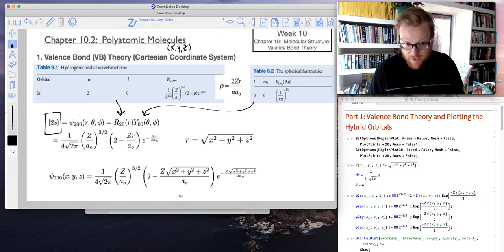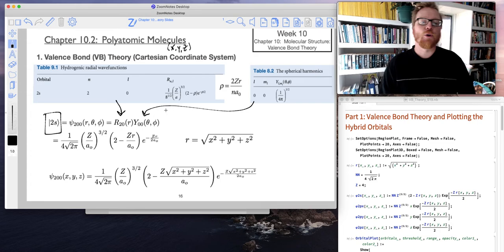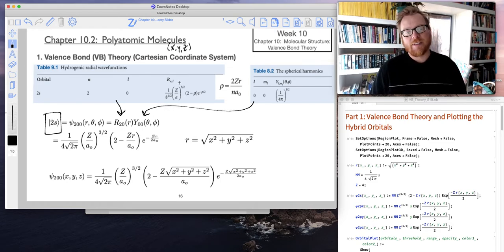R20 is given by 1 over root 8 times (Z over a)^(3/2), where a is the Bohr radius, times (2 minus rho) times e to the minus rho over 2, where rho is 2Zr divided by na. Because n is equal to 2, rho just becomes Zr over a naught.